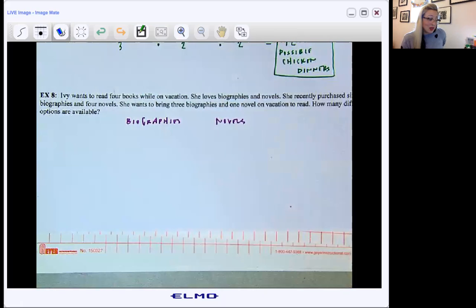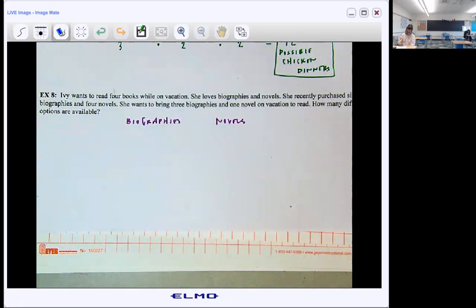Well, she recently purchased 6 biographies and 4 novels. She wants to bring 3 biographies and 1 novel on vacation to read. How many different options are available? So I need to focus first on biographies.